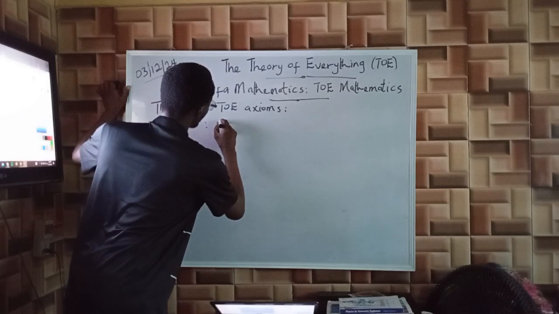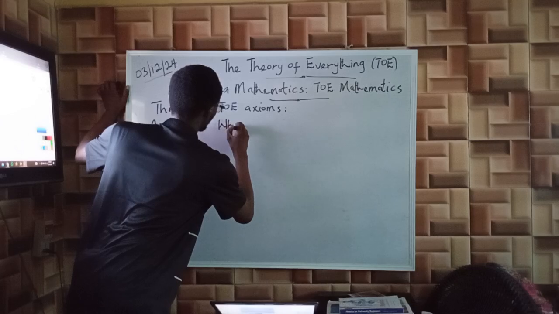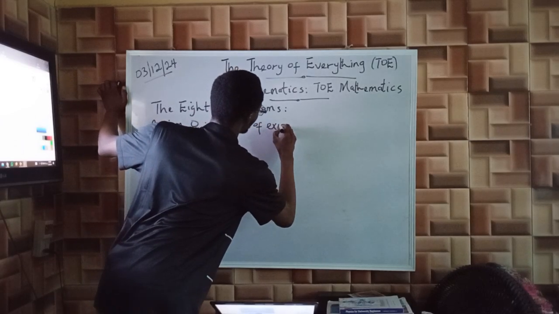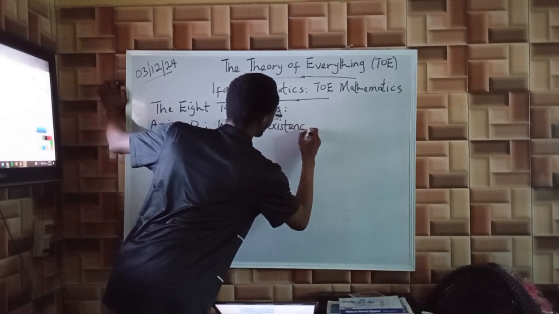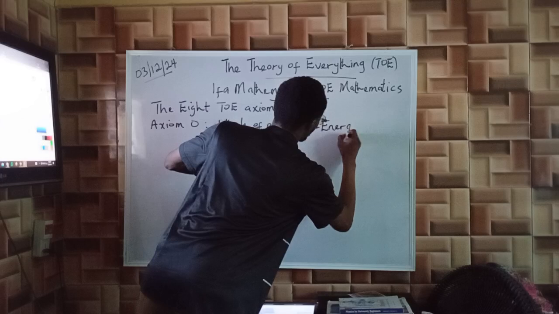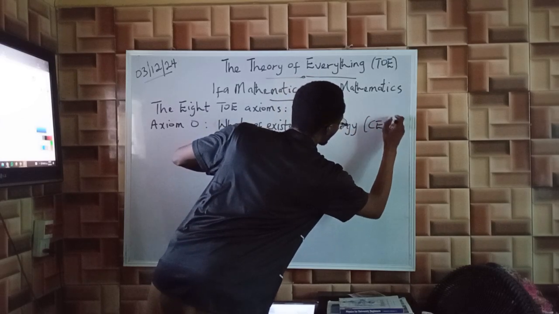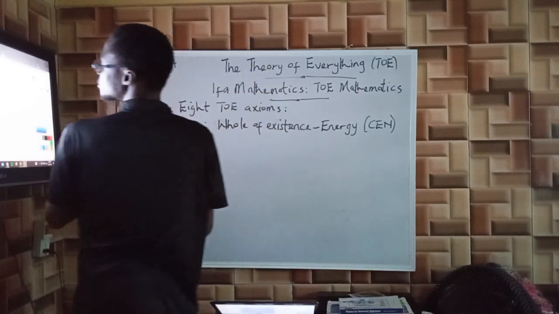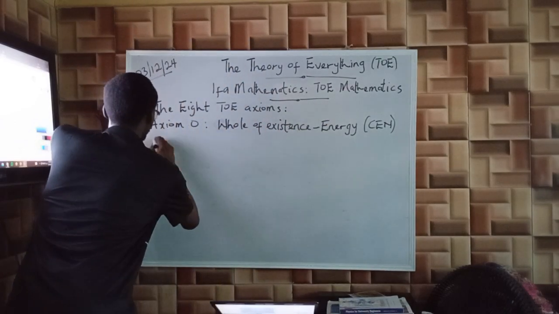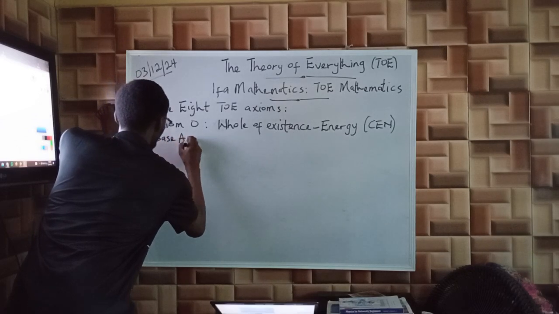So all I'm saying is that the whole of existence is energy. Specifically, that energy is CEN, consciousness energy. So that is axiom 0. We call this the base axiom.